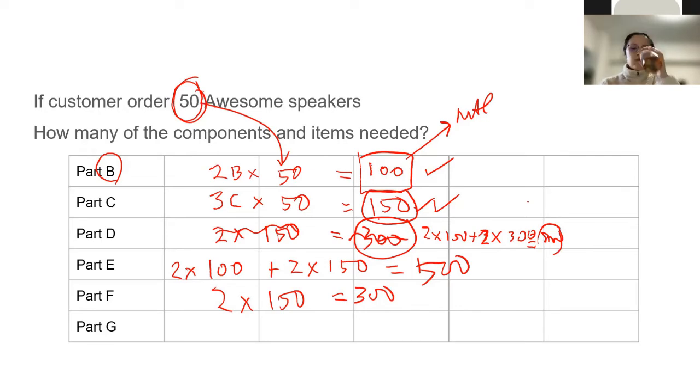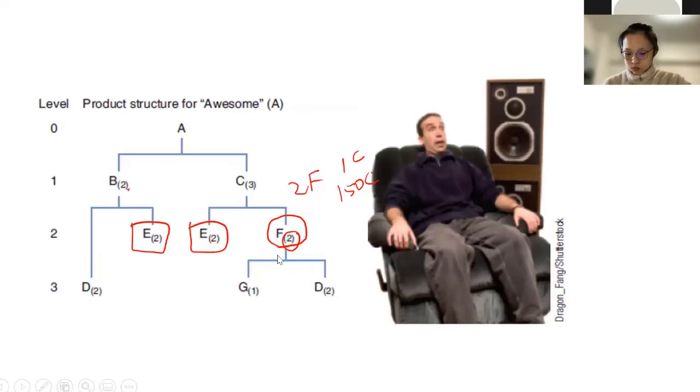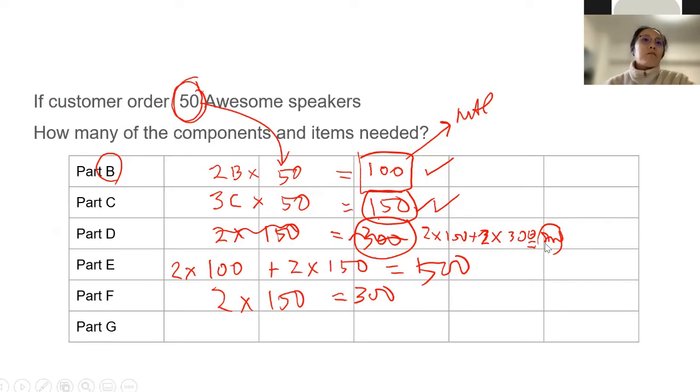We need 800 Ds. D is 800 parts. And finally, G is 1 times 300.